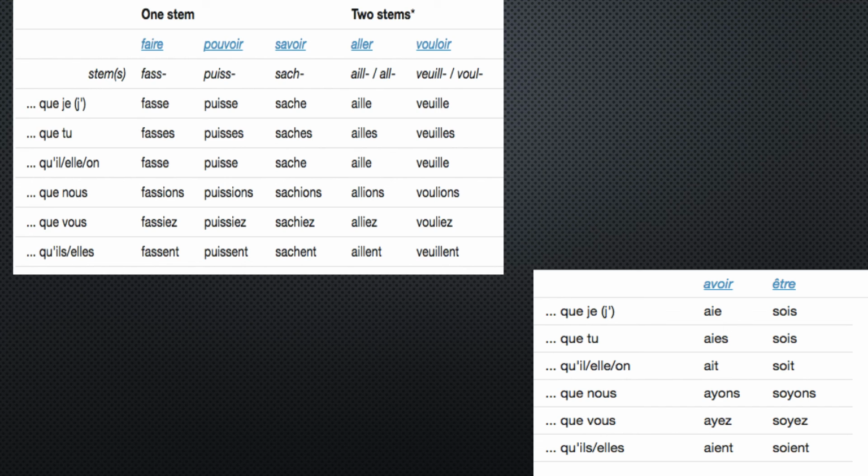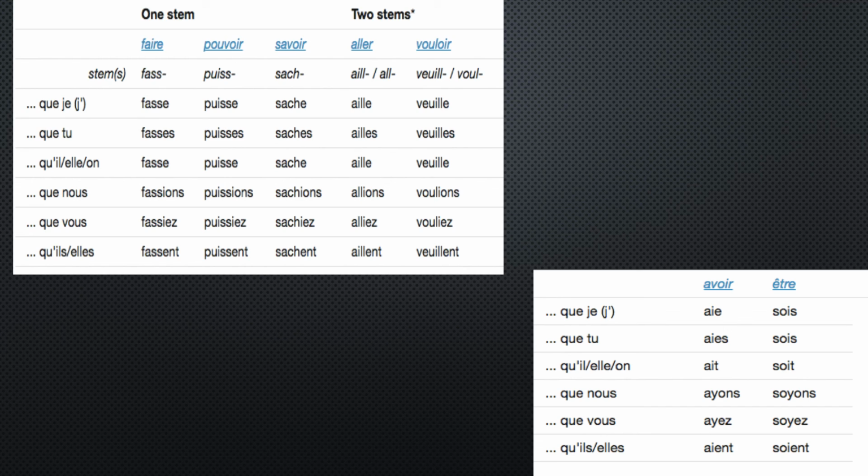And now going over to the verbs that are always different from everything, avoir and être. They, again, have two different stems, and they have different endings.